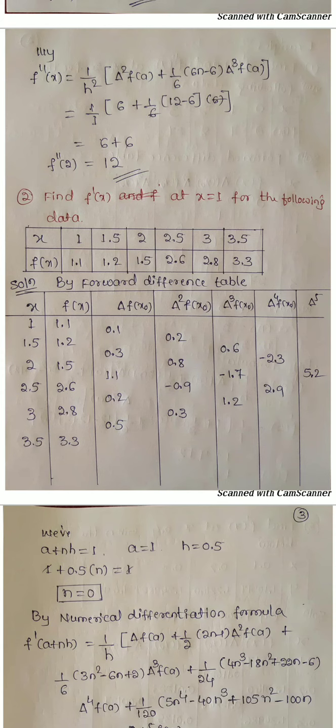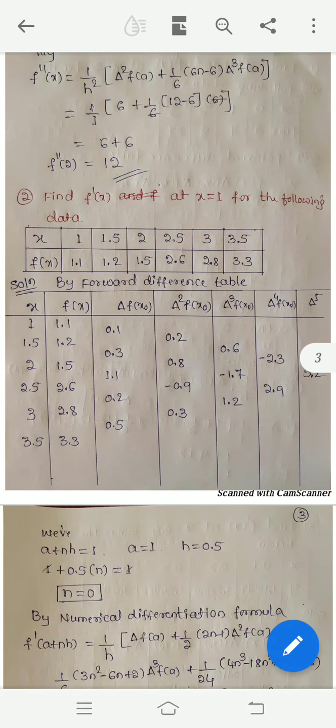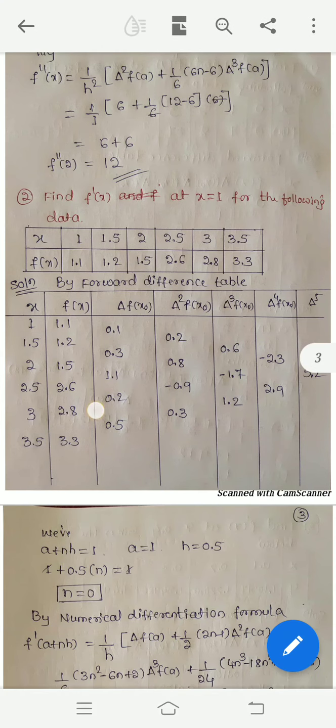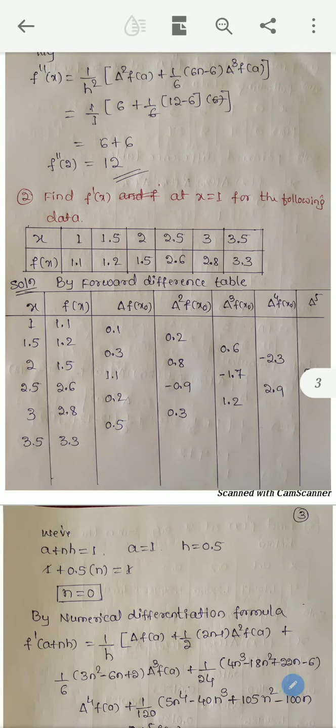That is what we have constructed here. Look here: x equal to 1, 1.5, 2, 2.5, 3, 3.5. Corresponding to these x values, the y values are given by 1.1, 1.2, 1.5, 2.6, 2.8, 3.3.